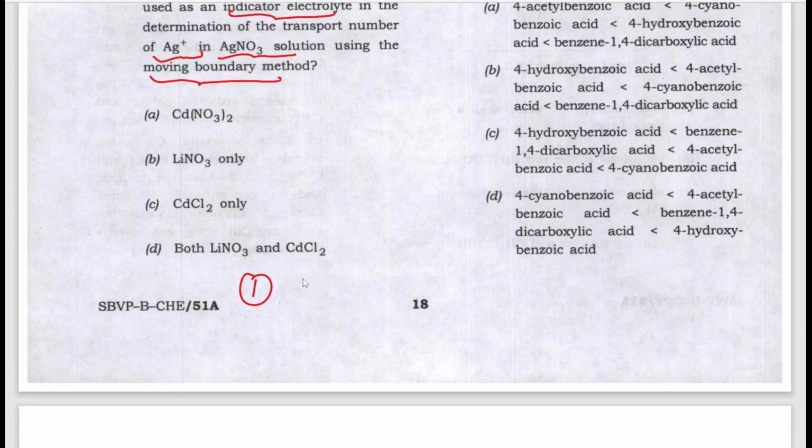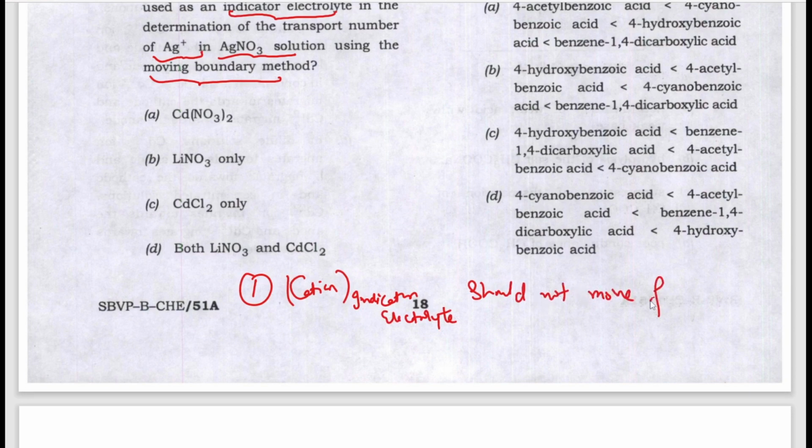So the cation of the indicator electrolyte should not move faster than the cation of the principal electrolyte.